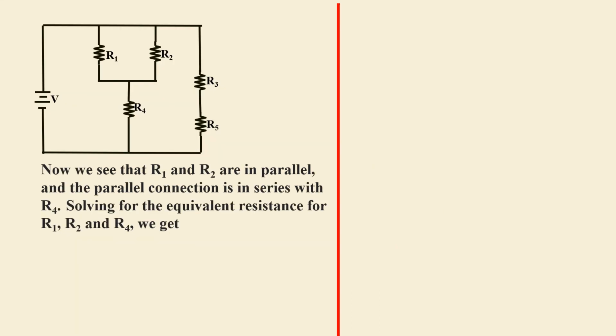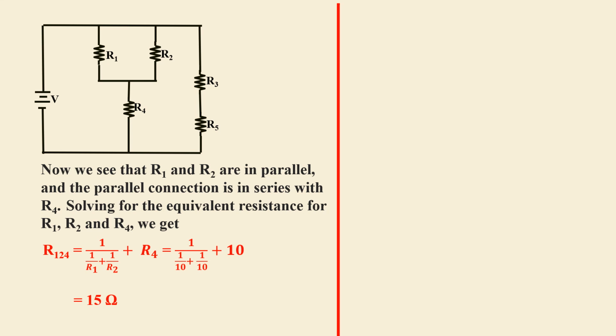Now we see that R1 and R2 are in parallel and the parallel connection is in series with R4. Solving for the equivalent resistance for R1, R2, and R4, we get R124 equals 1 over R1 plus 1 over R2, plus R4.